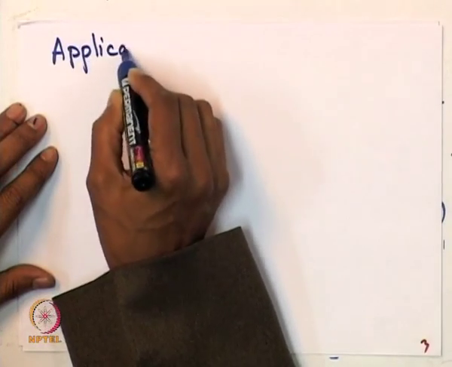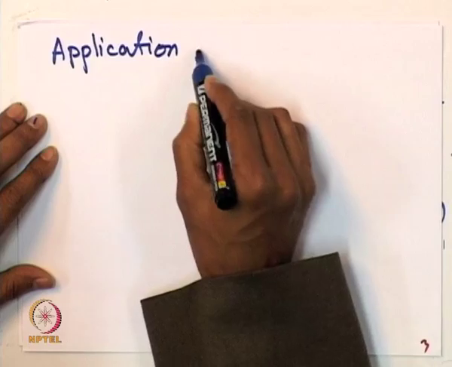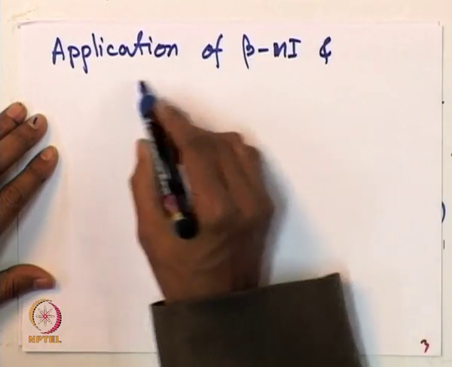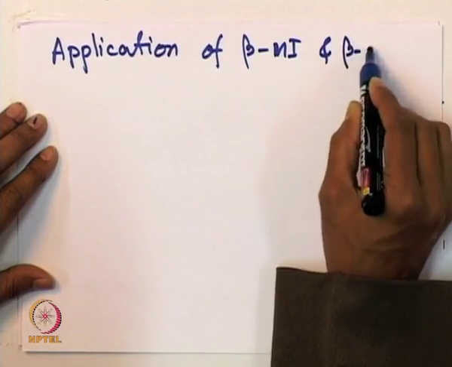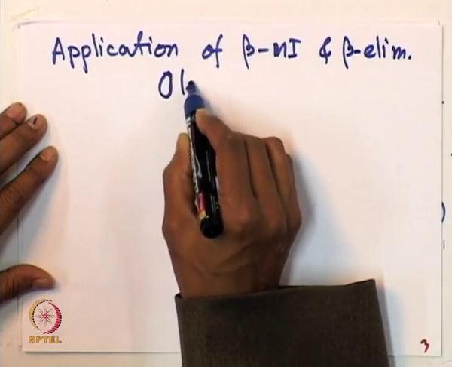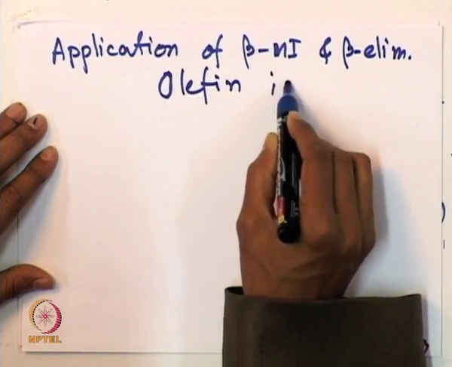So, the application of beta migratory insertion and beta elimination reaction. We will deal with the Schwarz reagent in this case. That will be the application of beta migratory insertion and beta elimination, and this is all about olefin isomerization.